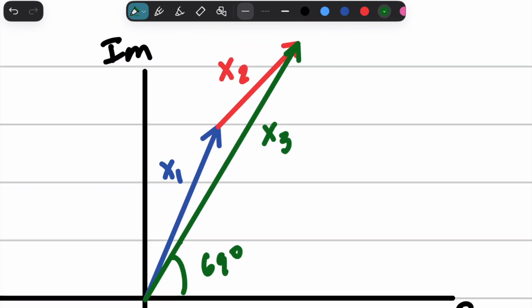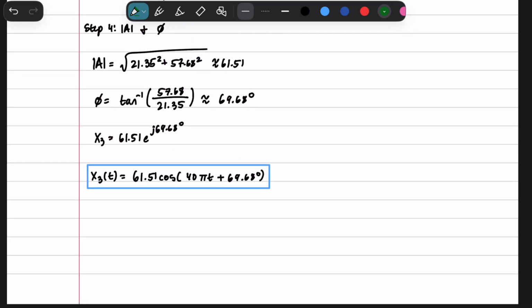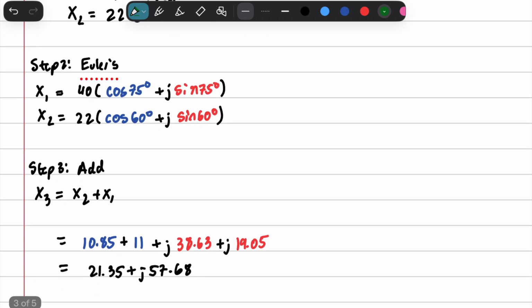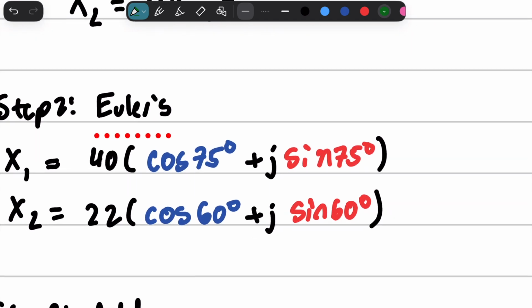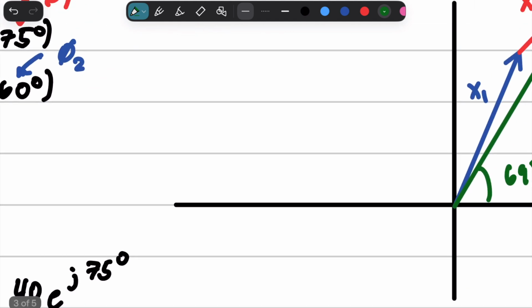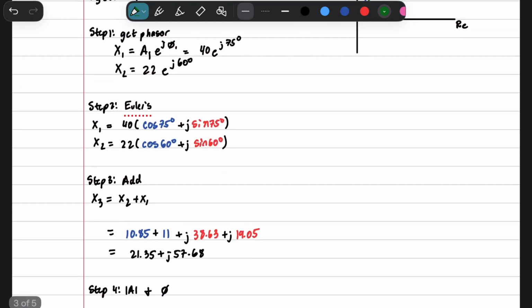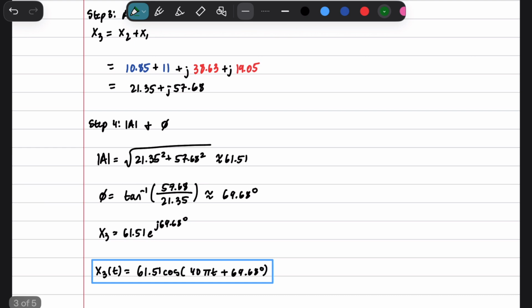We also see that the magnitude was 61 units, which is longer than 40 and 22, and that looks just about correct. So that's a simple example of phasor addition, and hopefully you learned something.